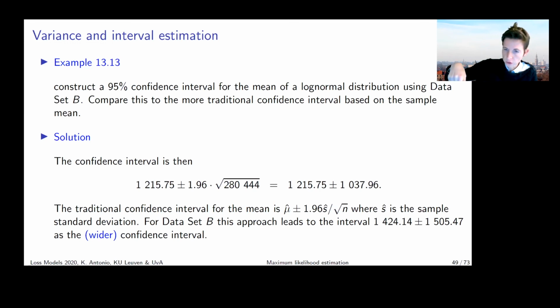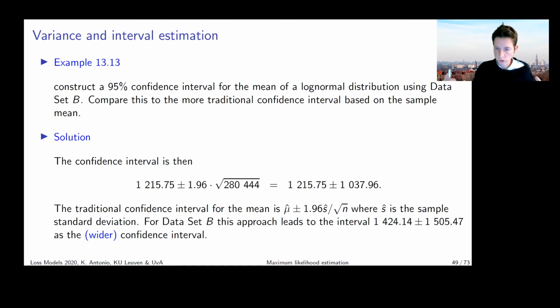So what you could do there is work with the sample standard deviation divided by the square root of n, and that would also give you a more traditional confidence interval, where you only rely on this sample mean and on the corresponding variance.